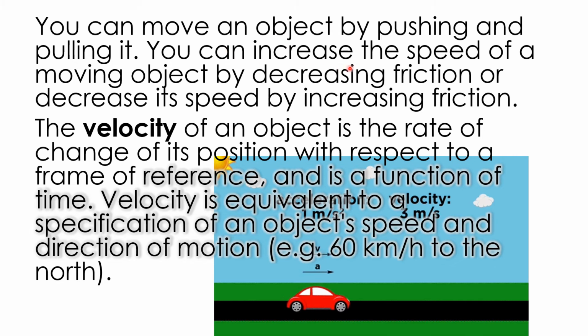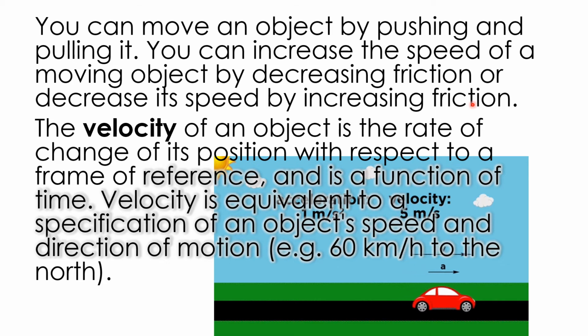You can increase the speed of the moving object by decreasing the friction. Para daw bumilis yung paggalaw ng isang object, kailangan bawasan natin ang friction. Or decrease the speed, bawasan naman natin ang bilis, kailangan natin ng increasing friction. Paano ang halimbawa nun? Katulad halimbawa ng bisikleta.